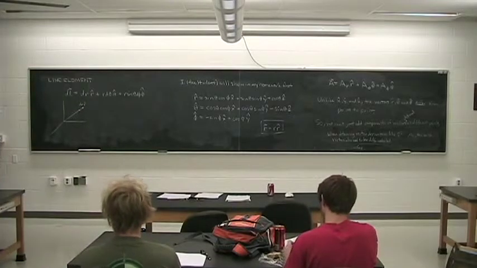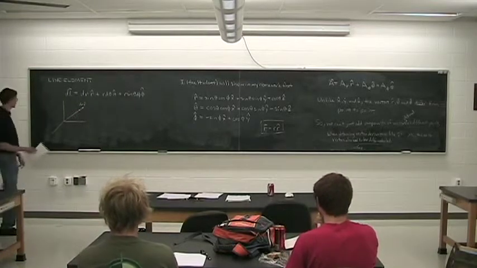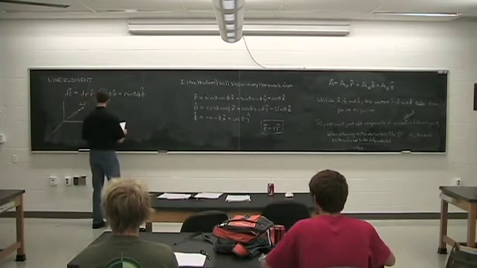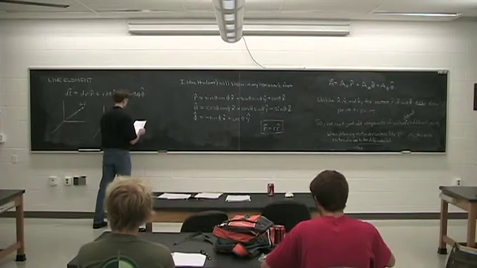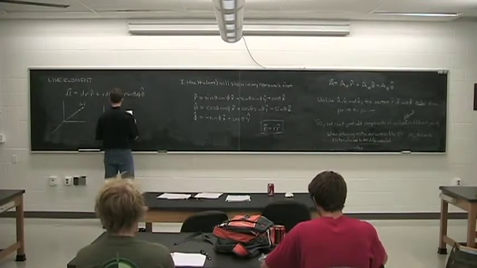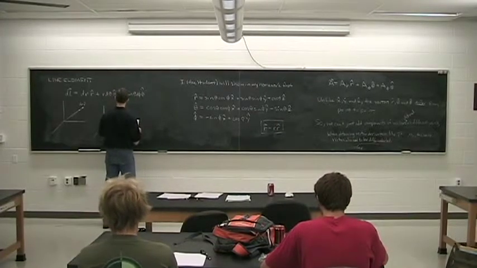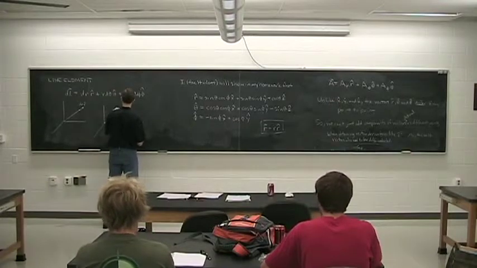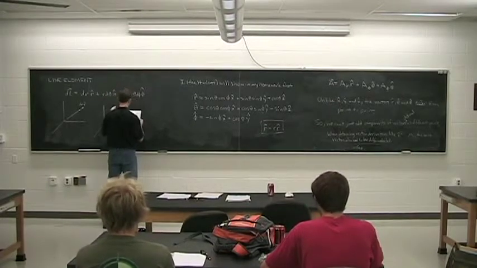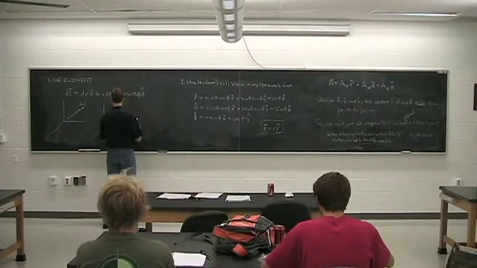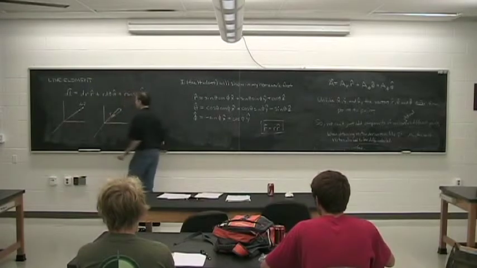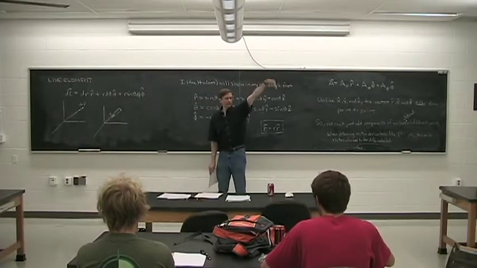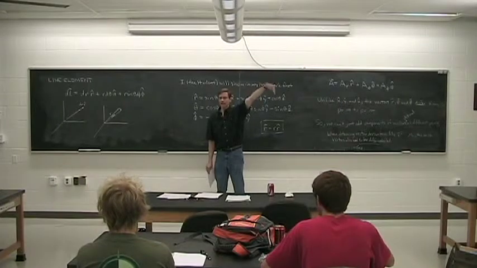A small radial displacement would be dr in the r hat direction, whereas a small displacement in the theta hat direction would entail leaving r the same, staying the same distance from the origin, but moving through a little angle d theta, a change d theta in the polar angle.